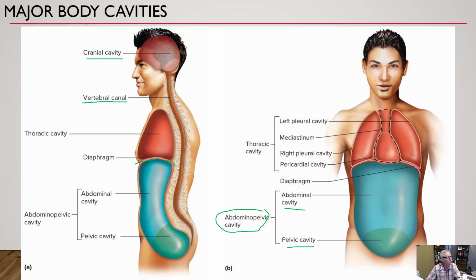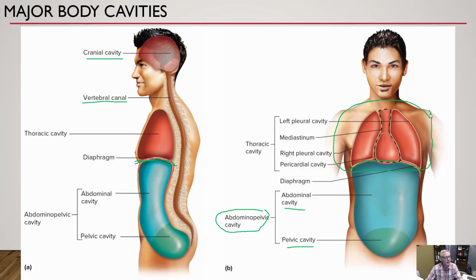So this is your diaphragm muscle right here. That separates your thoracic cavity from your abdominopelvic cavity. So that, like I said, is your breathing muscle. So your thoracic cavity is this whole cavity right here.